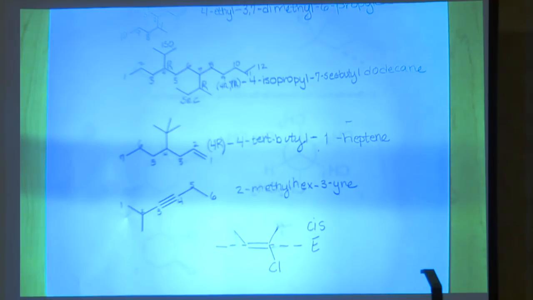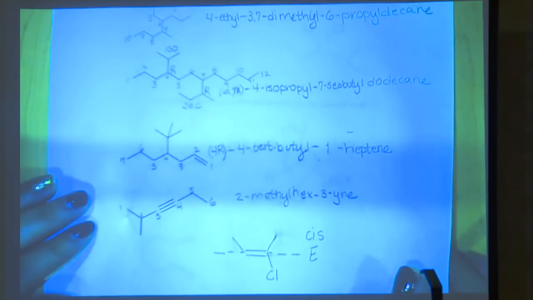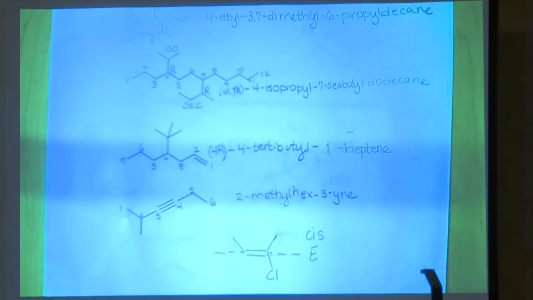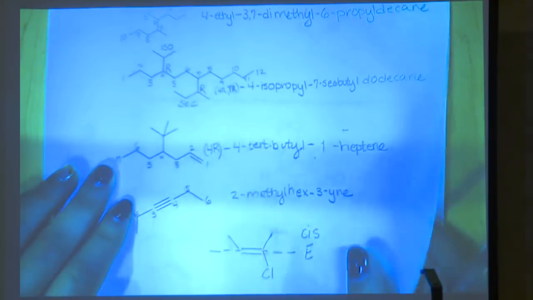I don't think he'll ever put that. Okay, all right. So with what we have here, are we good? Yeah. So you can't name it like cis and E. You would just name it one or the other. Good point.